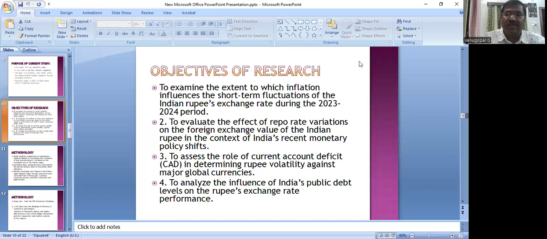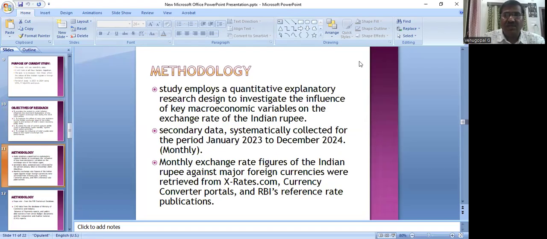Third, to assess the role of current account deficit in determining the rupee volatility against major global currencies. Fourth, to analyze the influence of India's public debt levels on the rupee's exchange rate performance. So these are objectives of this research.